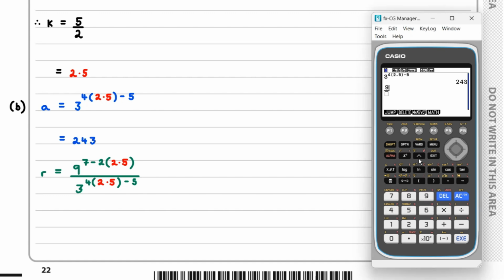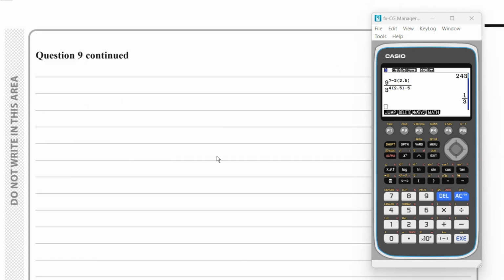We have 9 to the power of 7 subtract 2 lots of 2.5 over 3 to the power of 4 lots of 2.5 subtract 5, which is equal to 1/3. Which means the sum to infinity is given by 243 over 1 subtract 1/3. So I have 243 over 1 subtract 1/3, which is 729 over 2.